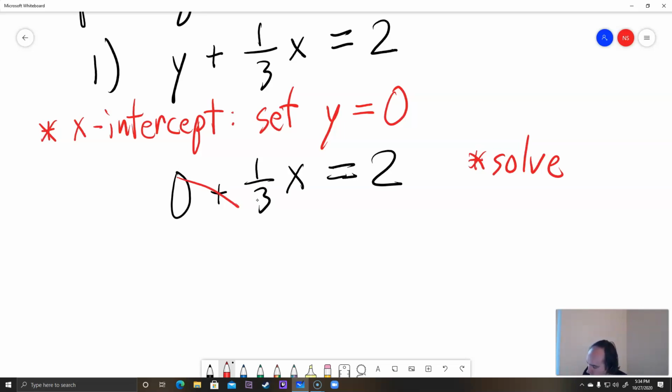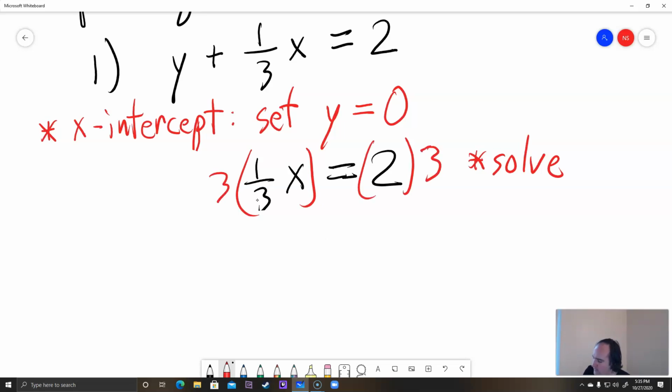Okay, so I'm going to multiply the left side and the right side by 3. So let me just write it up here. So on the left side, the 3 and the 1/3 are going to cancel out. And we just get x. And then on the right side, 2 times 3 is 6. So we get x equals 6.